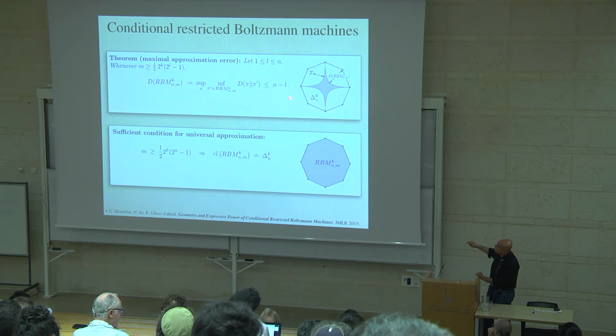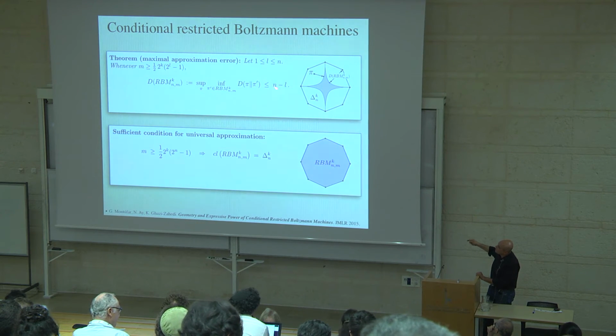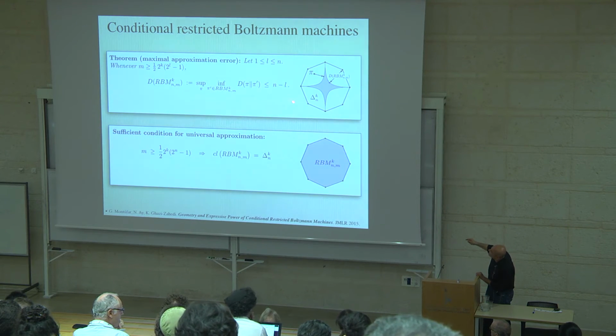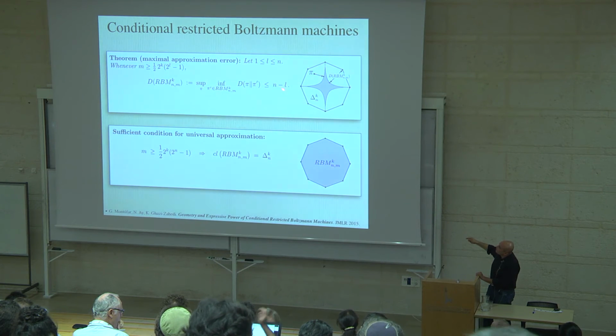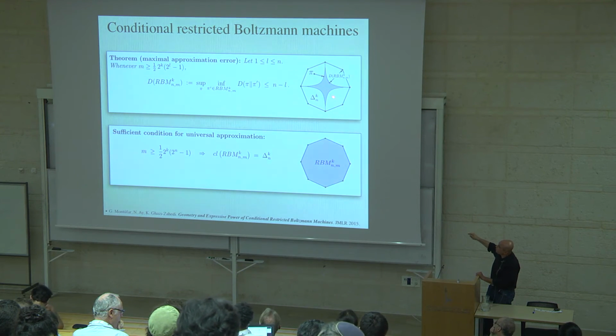We were able to upper bound this maximal approximation error. And if you now set this upper bound to 0, this means that you fill the whole polytope with this geometric object.